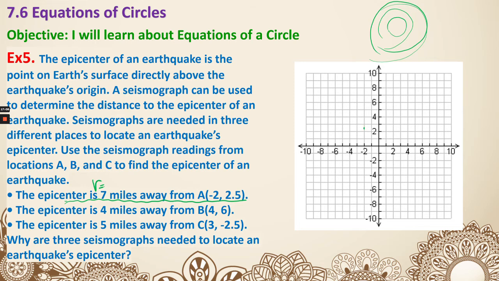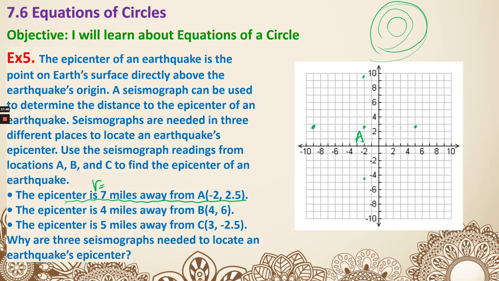-2, 2.5 is right here. That's my point A. 7 away from it, 1, 2, 3, 4, 5, 6, 7. And that is 2.5, so 7 away is going to be 9.5. And 7 down is going to be, actually, -4.5.